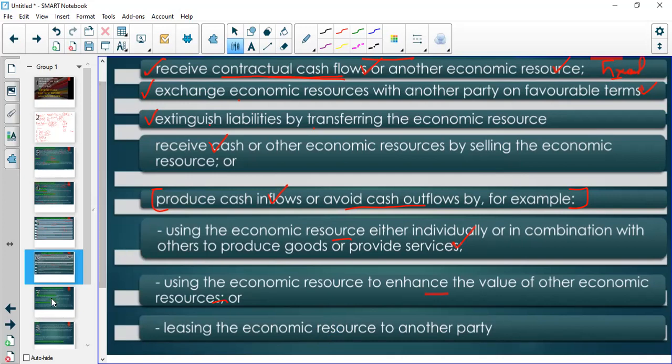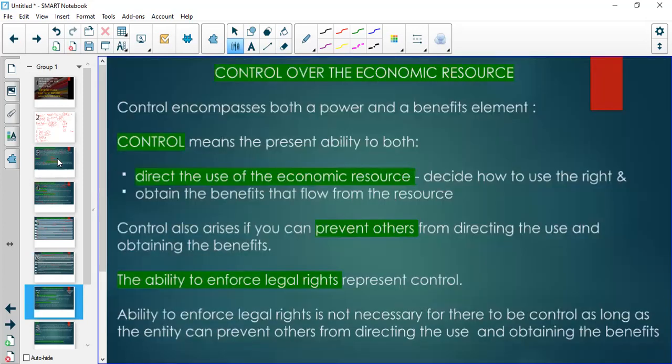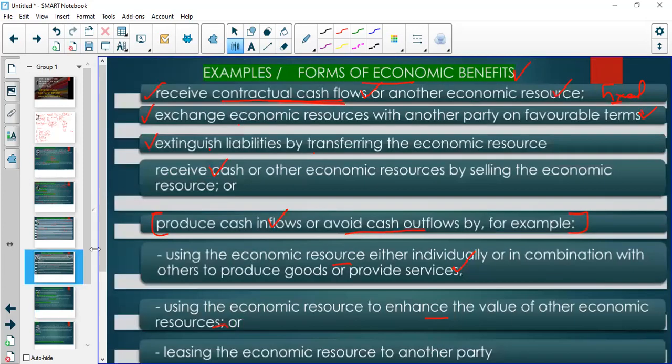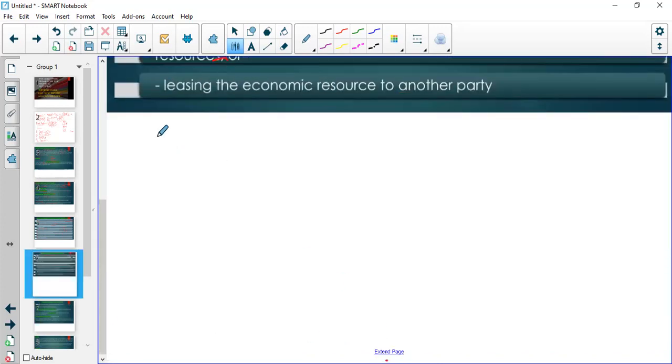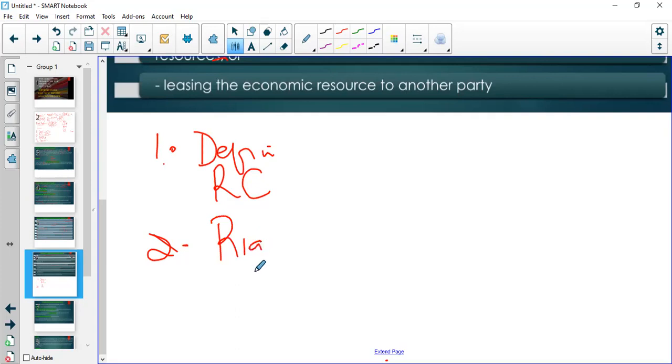So far, let's provide a summary of what we have covered. So you're going to provide a definition and the recognition criteria. That's step one. Step number two, you're going to focus on the application. So you're going to focus first on the right.